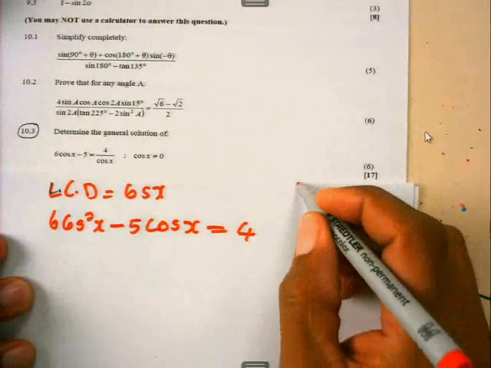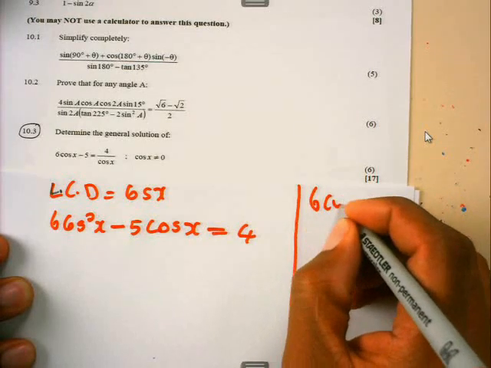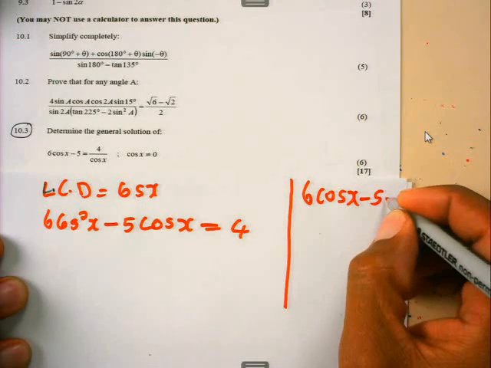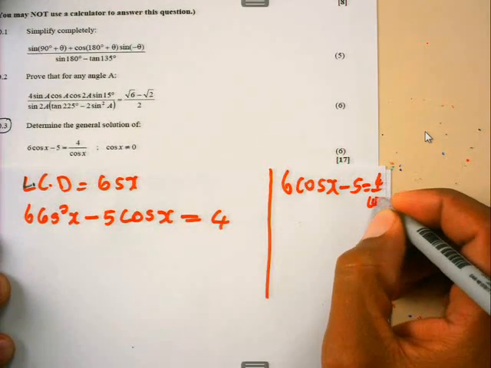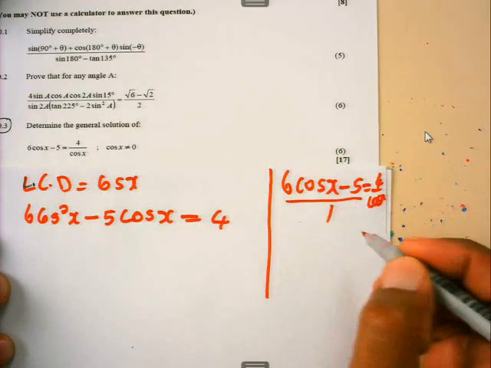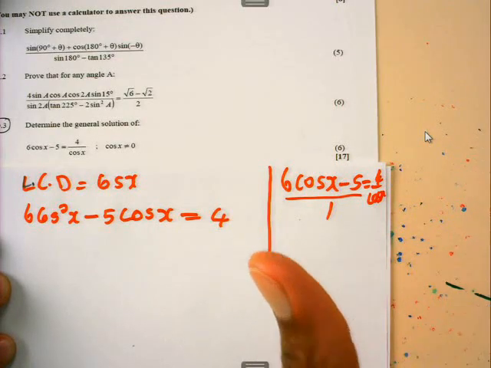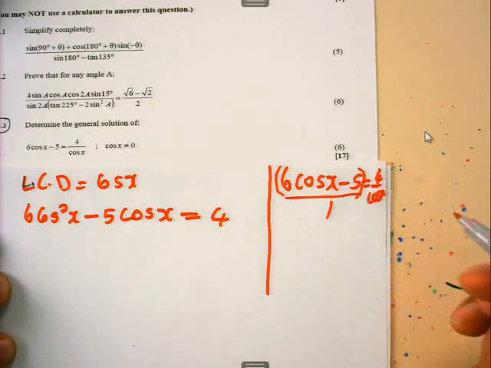One can also decide to say, I can take 6 cos x minus 5, which is equal to 4 divided by cos x. I say this is the same as divided by 1. You treat 6 cos x minus 5 as if it's one term. Of course, you need to put it inside the brackets.